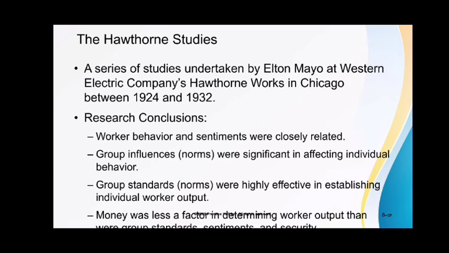Group influence norms were significant and affected individual behavior. Group standards norms were highly effective in establishing individual worker output. Money was less a factor in determining worker output than were group standards, sentiments, and security.